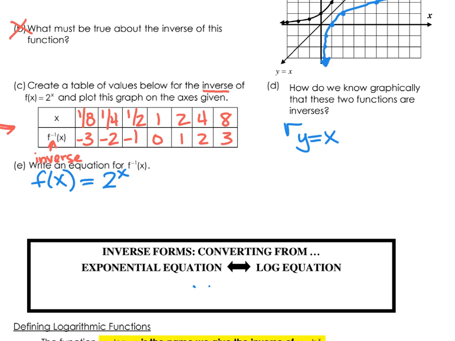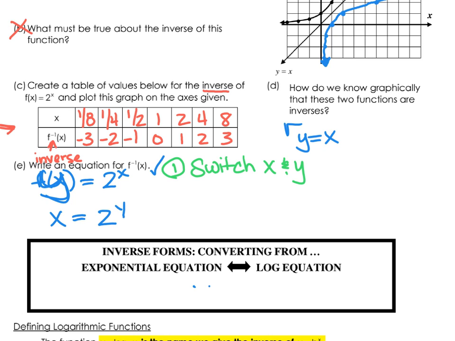Remember that the first step is to switch x and y. So remember that this is actually y, and if we change that big Y to an x, x equals 2, and we change that x to a y, step 1 is done. Okay. Step 2 is to solve for y.